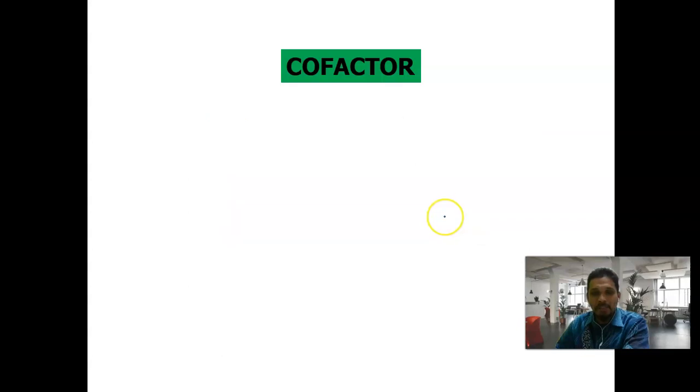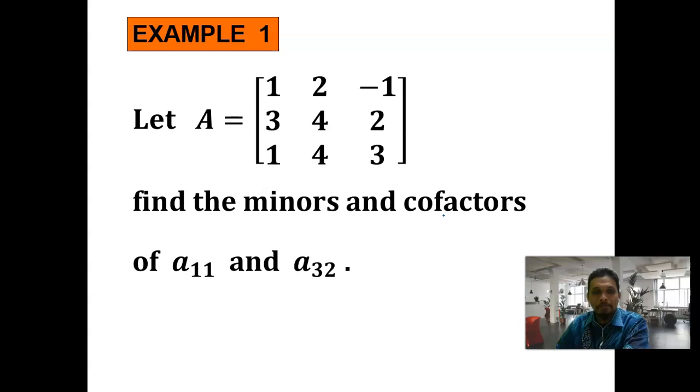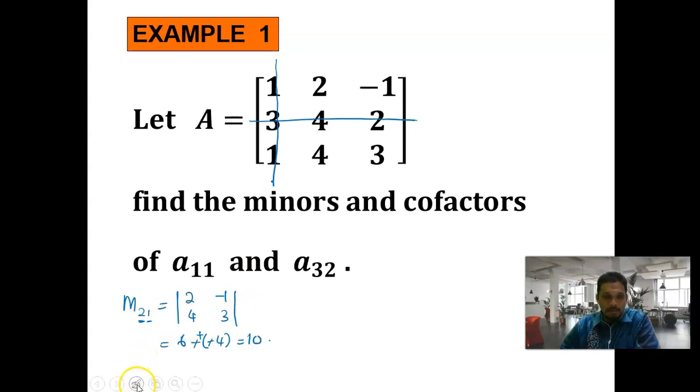Okay, for example, I made a mistake here, sorry. Because of the element a11, we need to find the minor of 1, 1.